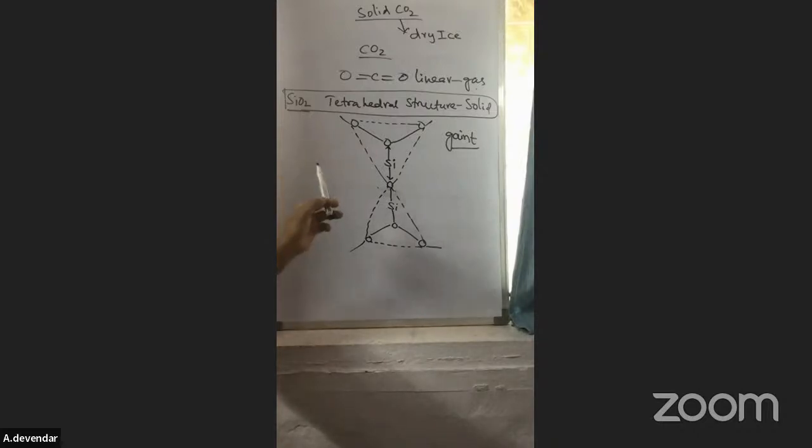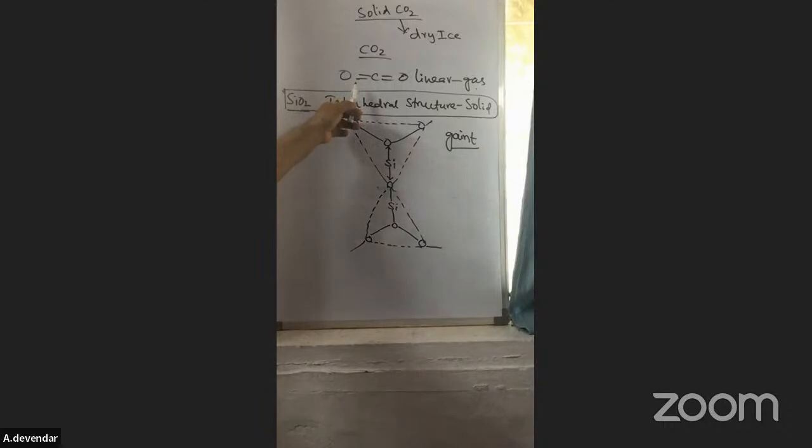Carbon dioxide and silicon dioxide are acidic in nature. Carbon dioxide at room temperature is a gas, but silicon dioxide at room temperature is a solid because it is a giant molecule. Solid carbon dioxide, at minus 80 degrees Celsius, is called dry ice.